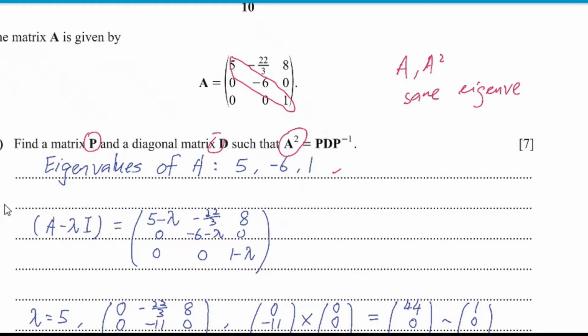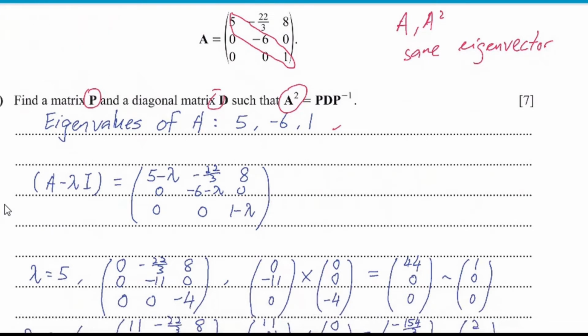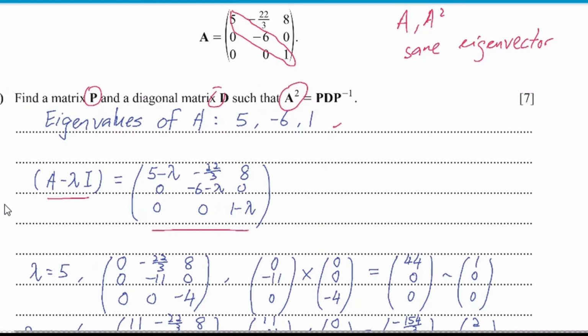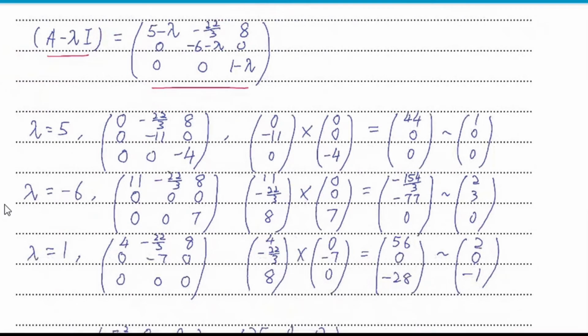So we will find the eigenvectors from A first. To find the eigenvectors from A, we consider using A minus lambda I or lambda I minus A, and sub in each of the eigenvalues there. We cross the two rows which are not multiples of one another.